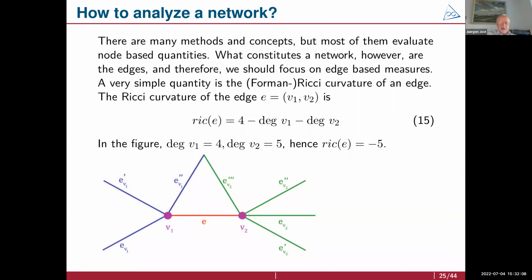So you look at the degrees of the nodes. The degree of the node just tells you how many edges are emanating from it. So there are 4 edges emanating from V1, and there are 5 edges emanating from V2. Both, of course, include the edge E in question that we're interested in. And the Ricci curvature of the edge then is defined as 4 minus the sum of the 2 degrees.